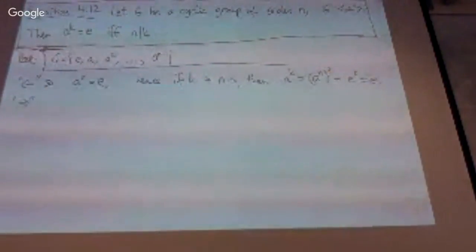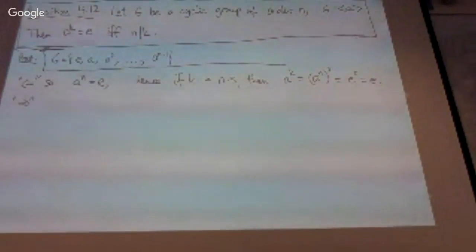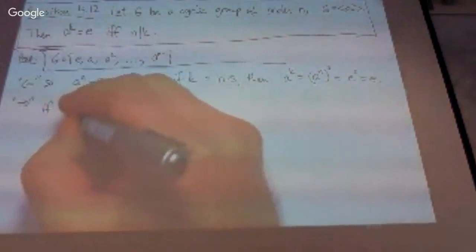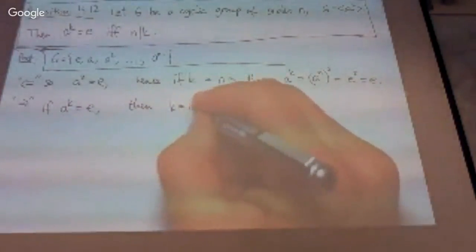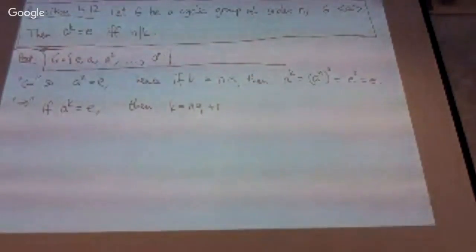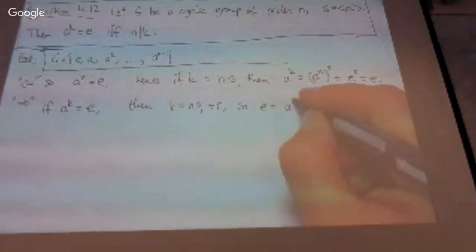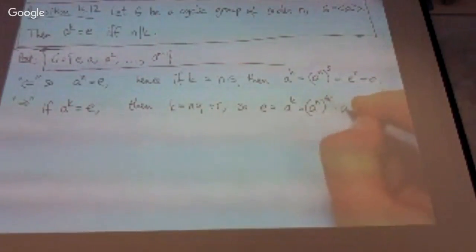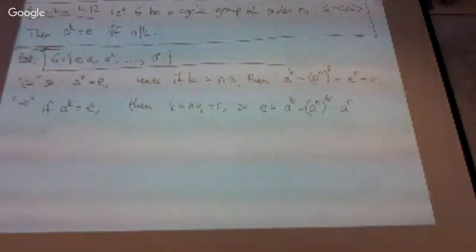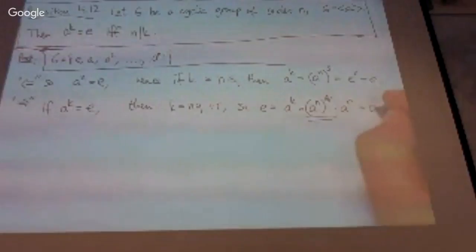So if k is some multiple of n, I get the identity. Now, if I get the identity, then I divide k by n and get a remainder. So the identity, a to the k, is a to the n to the q times a to the r. Now a to the n to the q is the identity, so this is a to the r.